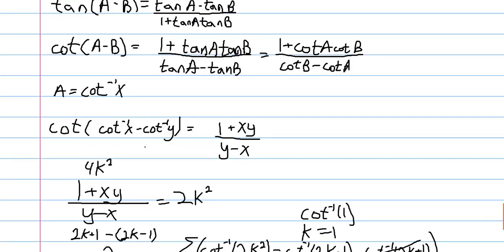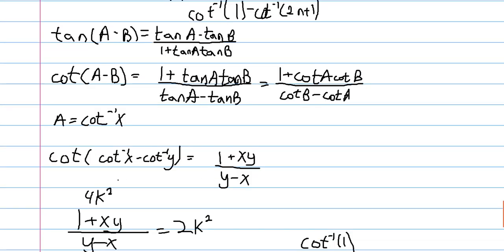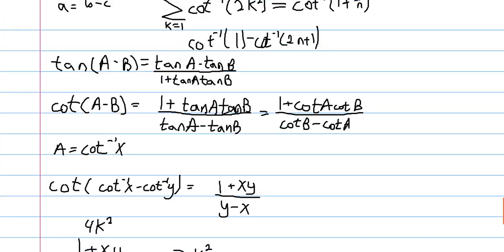And we can just apply this formula for subtracting inverse cotangents in reverse. And we get that this is equal to the inverse cotangent, and we get xy is 2n plus 1. Plus 1, we get 2n plus 2. And then y minus x is 2n plus 1 minus 1.